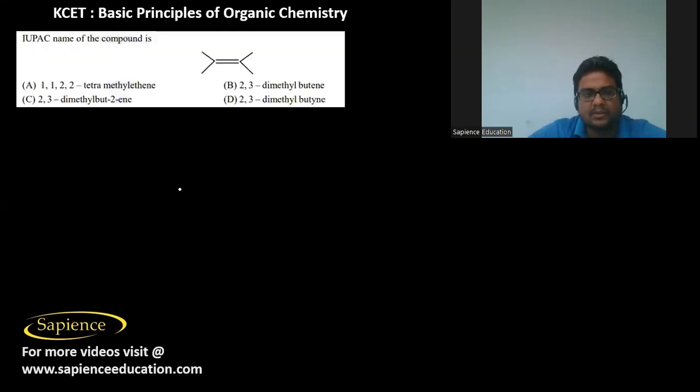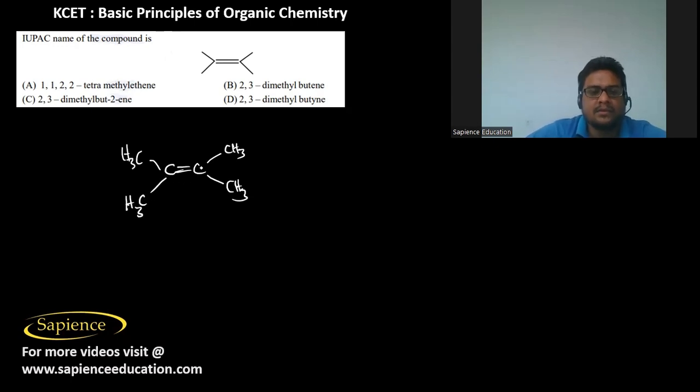So here it is asked, the IUPAC name of this compound is, so it is C double bond C, then CH3, CH3, then CH3, CH3. So here we have to take the longest chain, which is this one, 1 2 3 4.